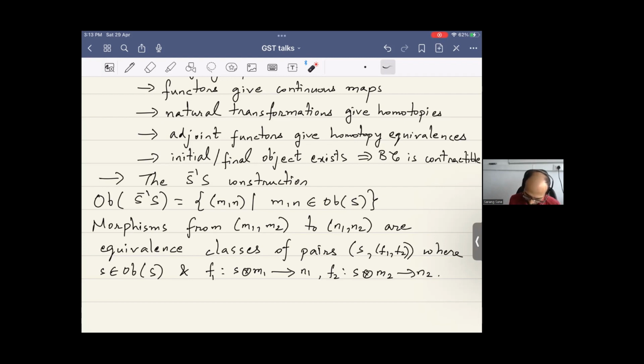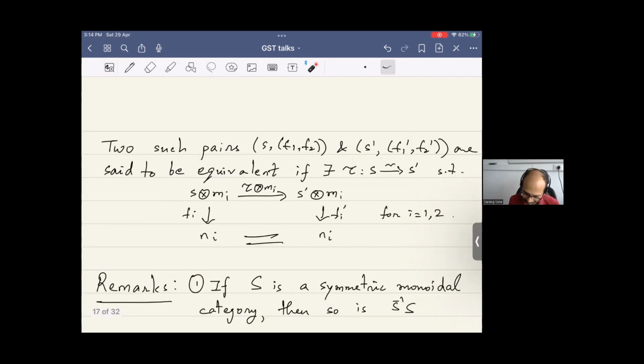And then we said when two such things are equivalent, namely if you have S, F1, F2 and S prime, F1 prime, F2 prime, then you should have an isomorphism from S to S prime, which makes the relevant diagrams commute.